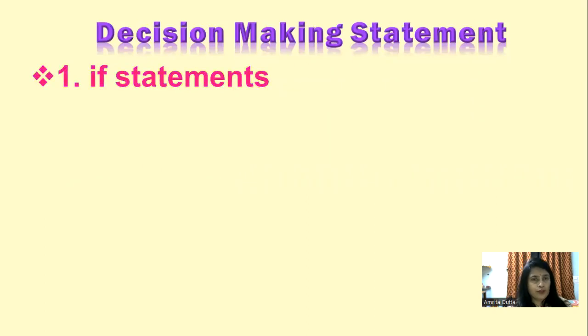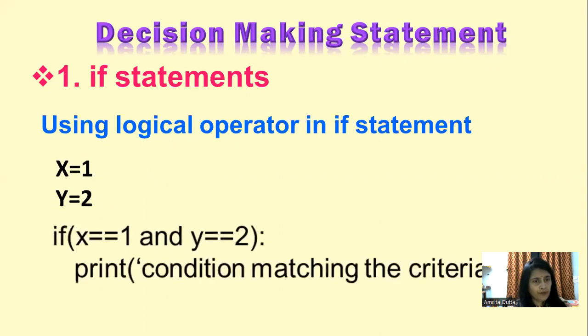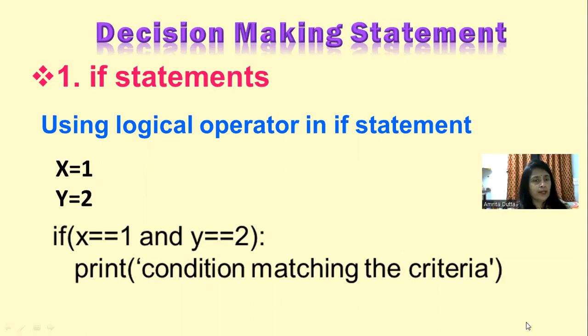Now another variation of if statement, see, using logical operator in if statement. Say for example, x is a variable which is equal to 1, y is a variable which is assigned 2, and see here the AND logical operator is used: if x equal 1 and y equal 2, then print condition matching the criteria.